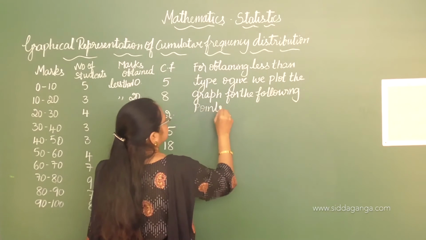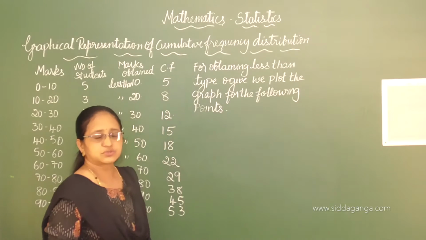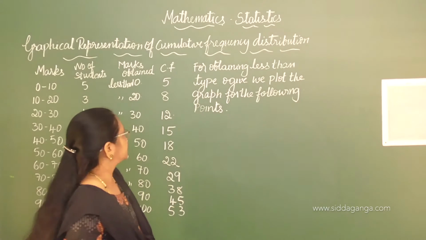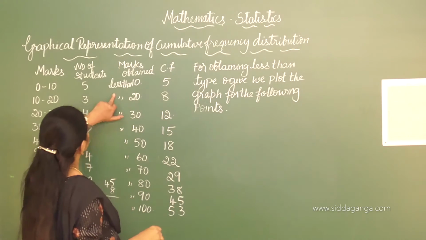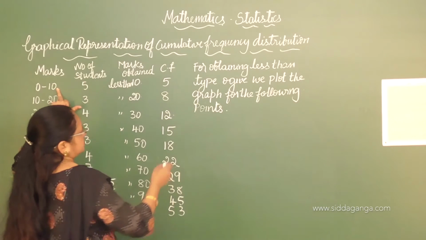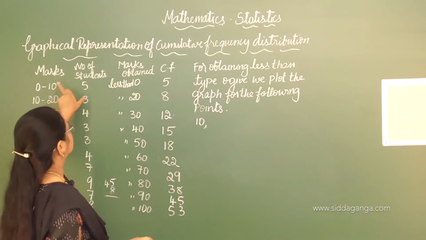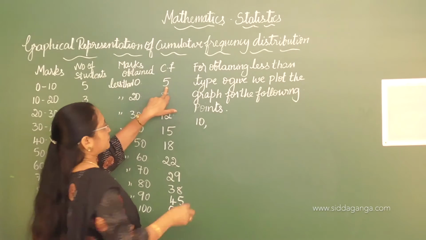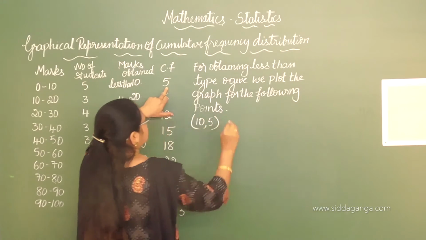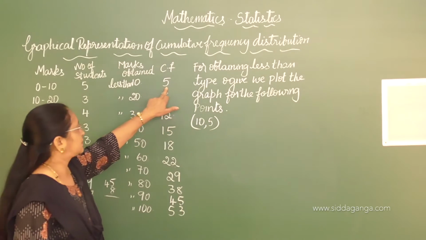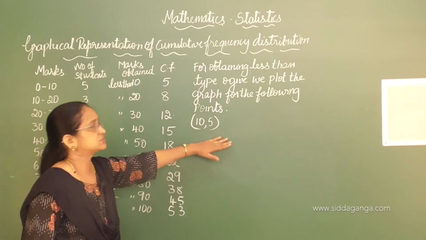As I told you earlier, to obtain the less than type ogive, we will take the upper limit and the corresponding cumulative frequency, that is 5. Understood? Like this you have to write the points.